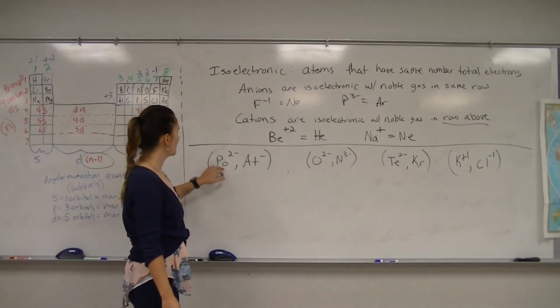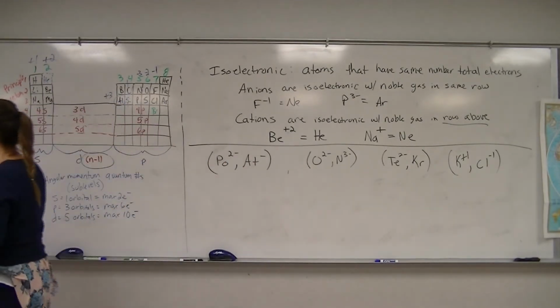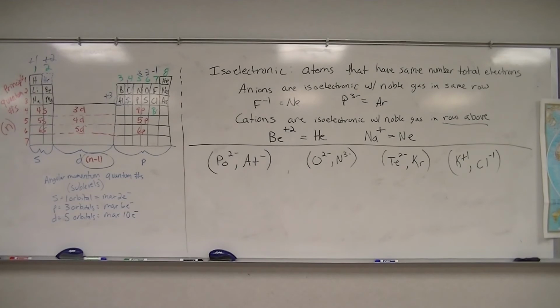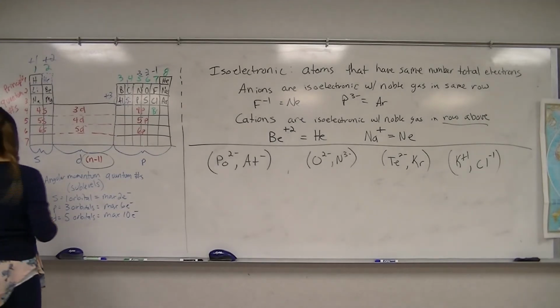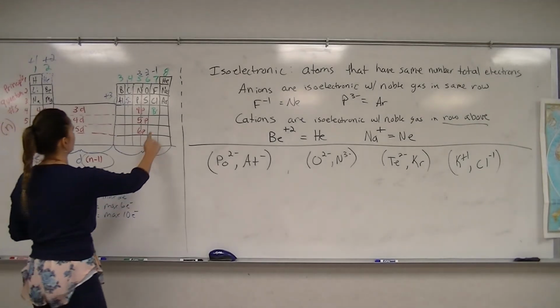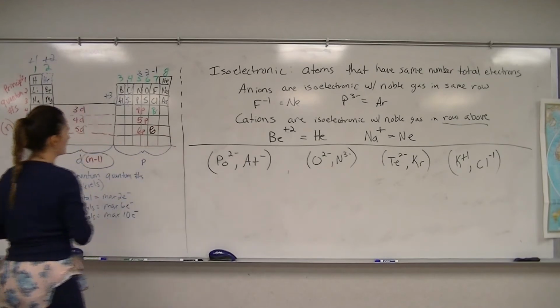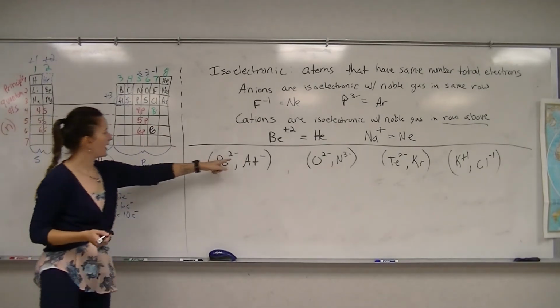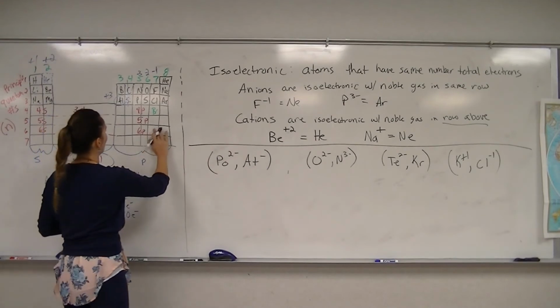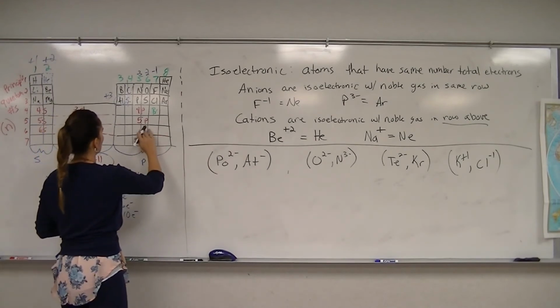So let's look at Po2-. Not on here, but looking at the periodic table over here, where is he? It's number 84 in row 6. So right here, this is where Po is. So the reason he has a 2-, oops, I put him in the wrong spot. Good thing I said the reason he has a 2-.